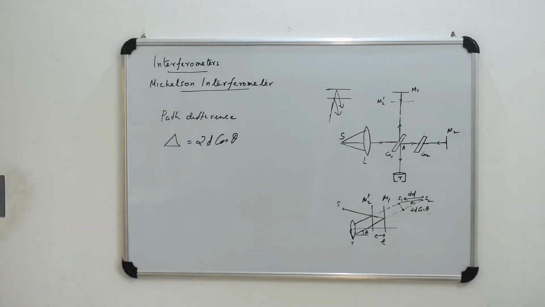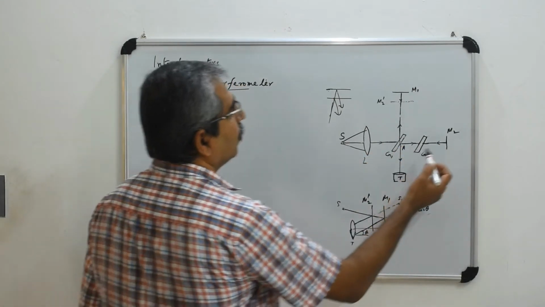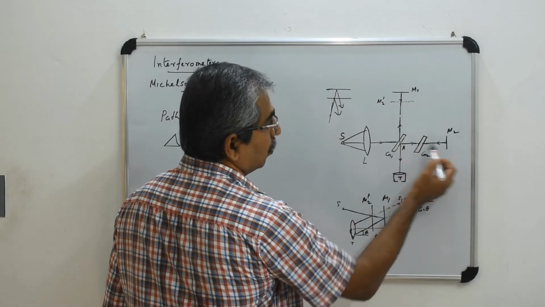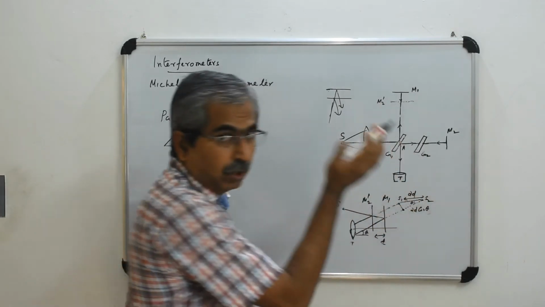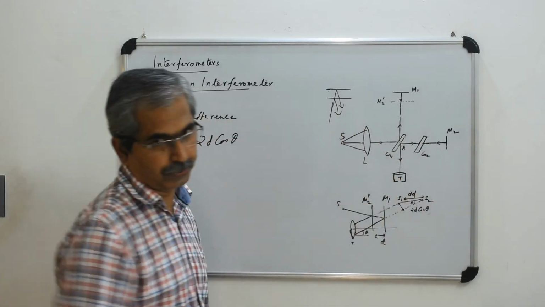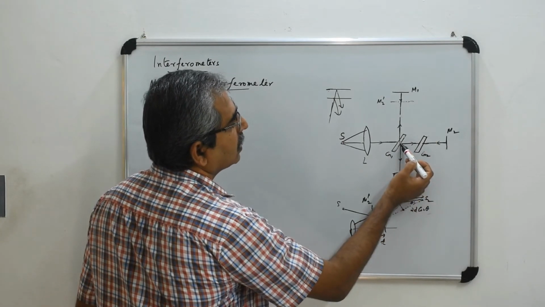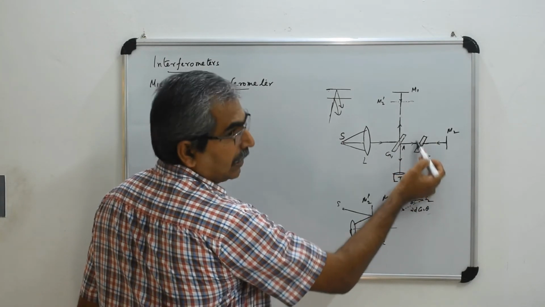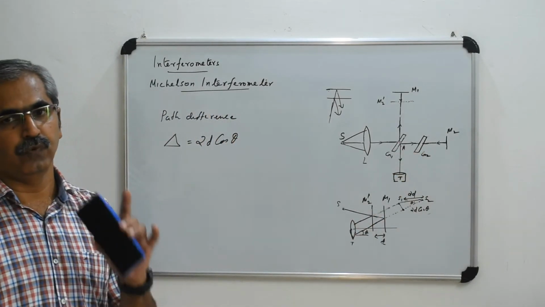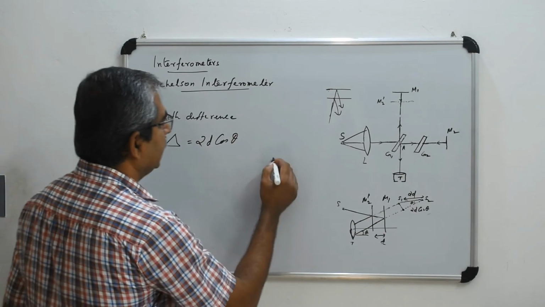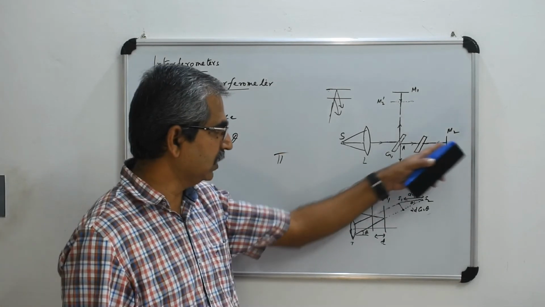Now look at this figure. The light ray coming from M2, after reflection, again gets reflected at the lower surface to reach the telescope T. This reflection, when it is coming back, is from the rarer medium, air, to the denser medium. So there is a phase change of 180 degree or pi because of the reflection. That happens only for this particular ray.